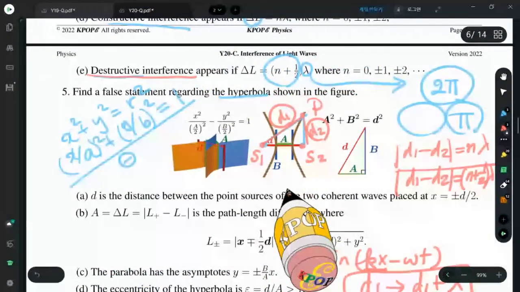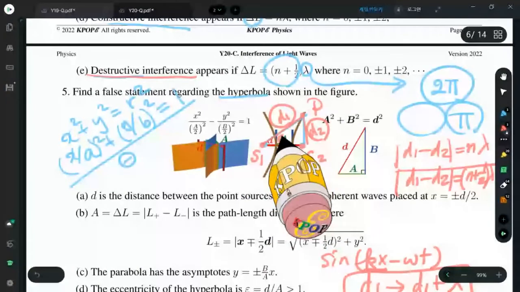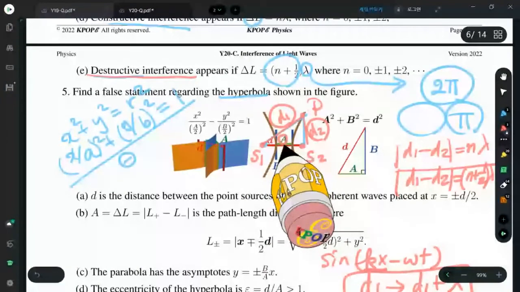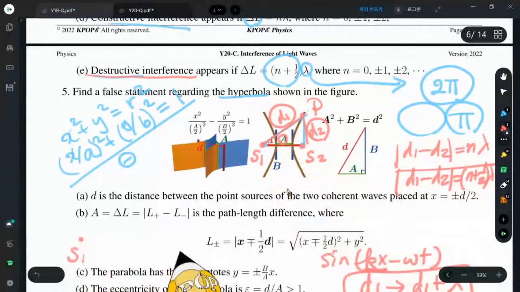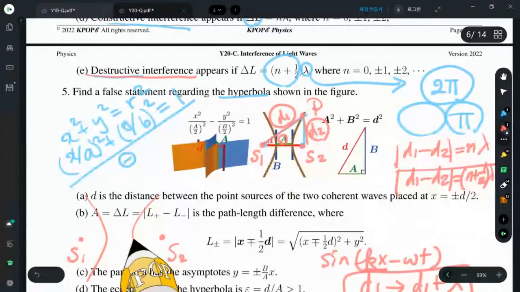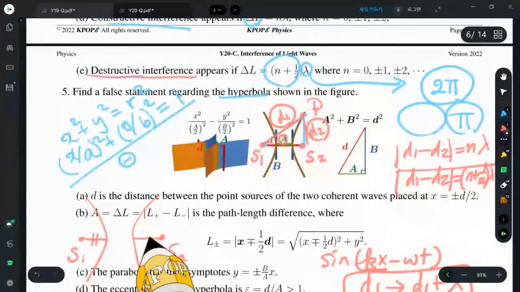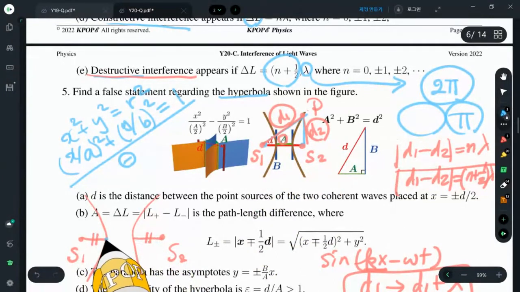You will find this one has a special track. What does it mean, this A? Here is source S1, source S2, and there are curves. This distance, because of symmetry, these two are the same. For example, let me choose this point.